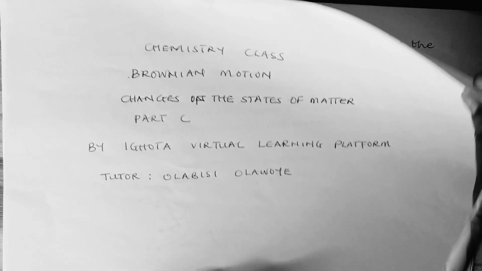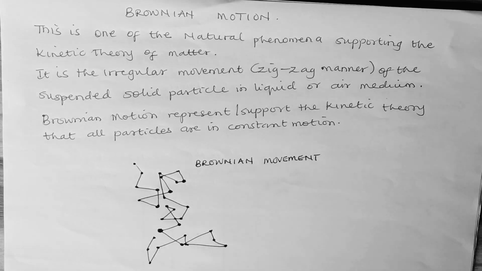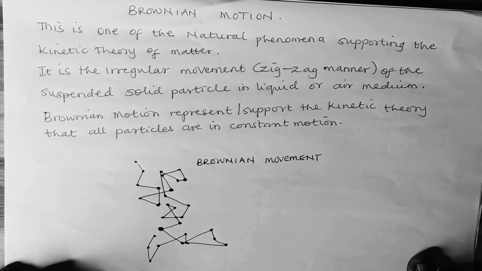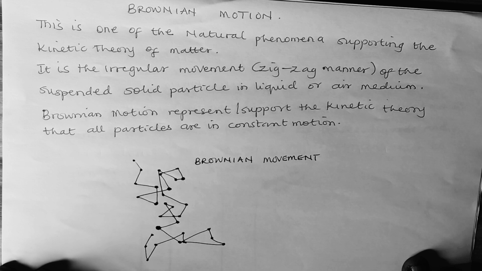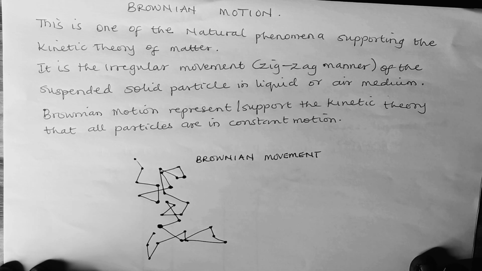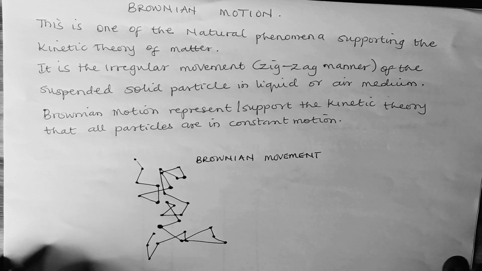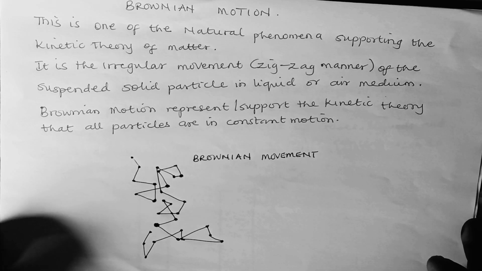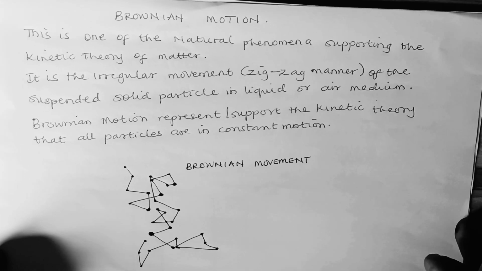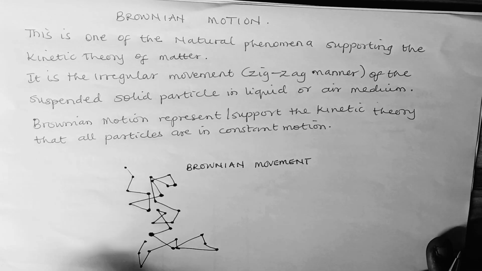So the first part here is Brownian motion. Now, the kinetic theory of matter assumes that matter is made up of very tiny particles, ions, or molecules, and that these molecules or ions are in constant motion. We also considered in the last class the structures of solids, liquids, and gases, and their particles and behaviors.